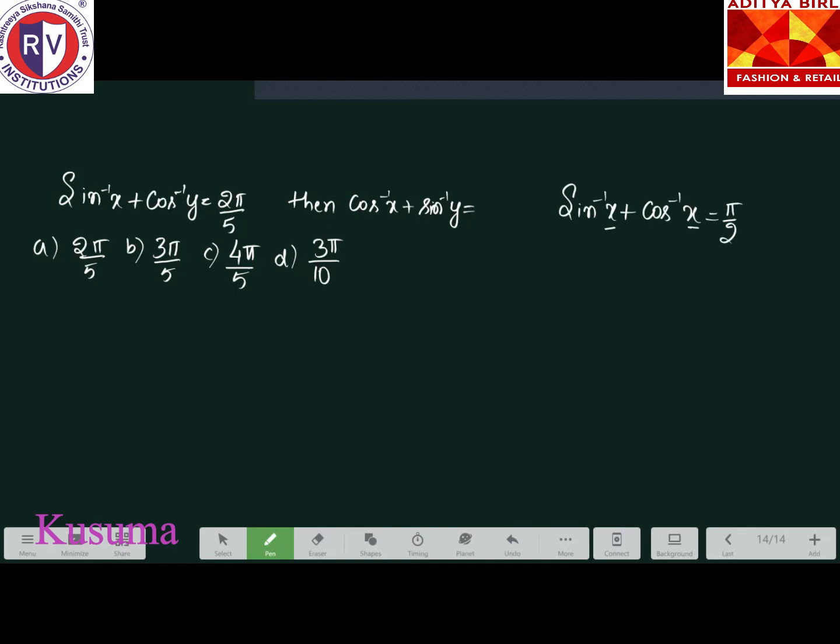Here x and y are different, but we need cos inverse x plus sin inverse y. So replace sin inverse x with pi by 2 minus cos inverse x, and replace cos inverse y with pi by 2 minus sin inverse y, equate to the RHS and simplify.